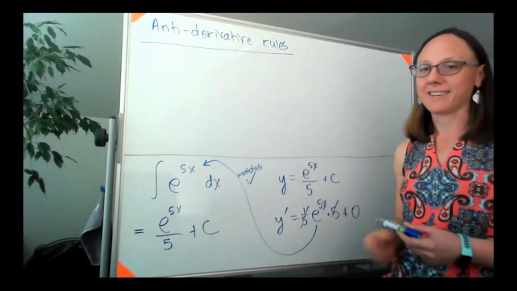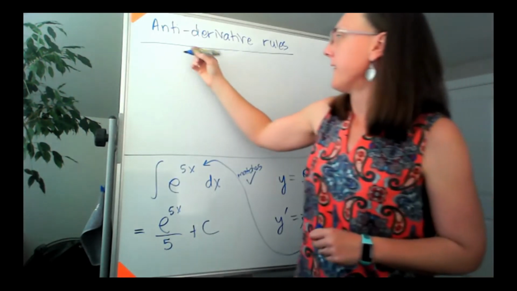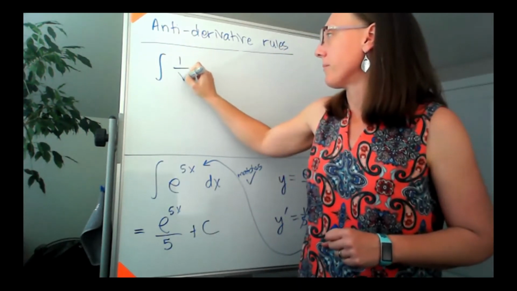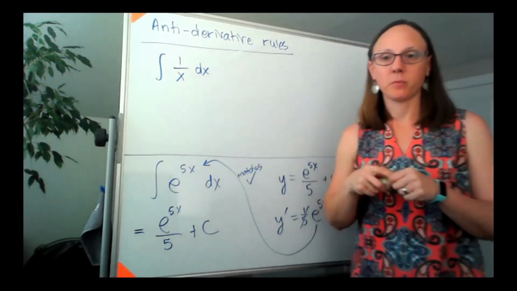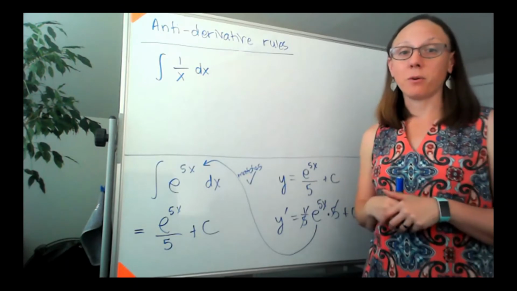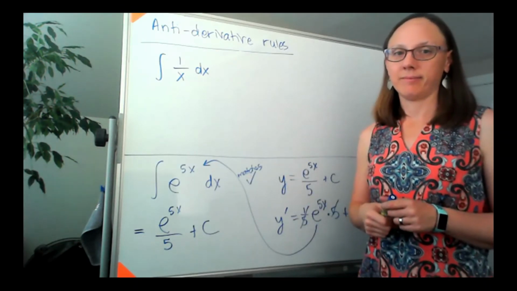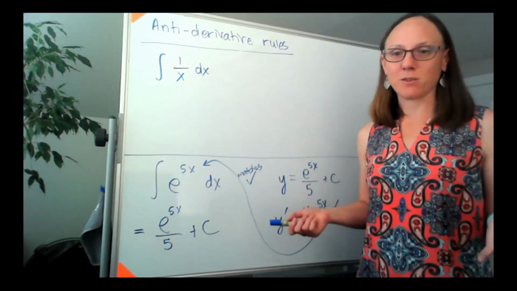More fun antiderivative rules that we need to know. I'll start off with the boring one. So I walk up to this problem and I say, oh, hey, whose derivative is 1 over x?